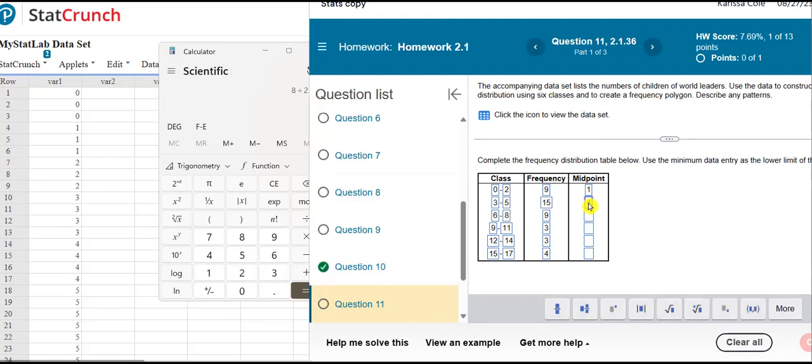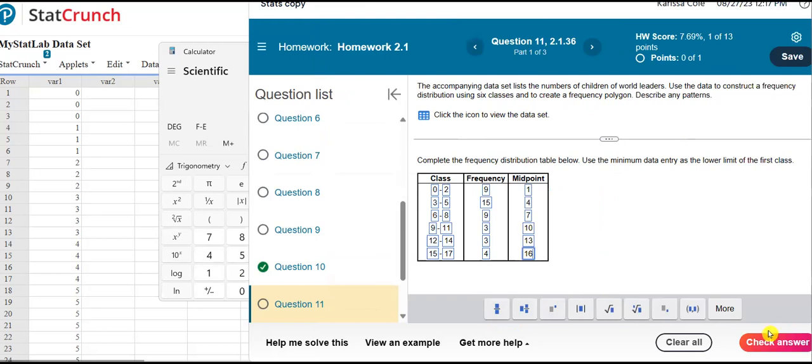Or if you want, because we determined earlier that the class width is 3, you can just continually add 3. 1 plus 3 is 4. 4 plus 3 is 7. 7 plus 3 is 10. Plus 3 is 13. Plus 3 is 16. So that is a nice simple way to create a frequency distribution table with the classes, frequencies, and the midpoint using StatCrunch and just a regular old calculator.